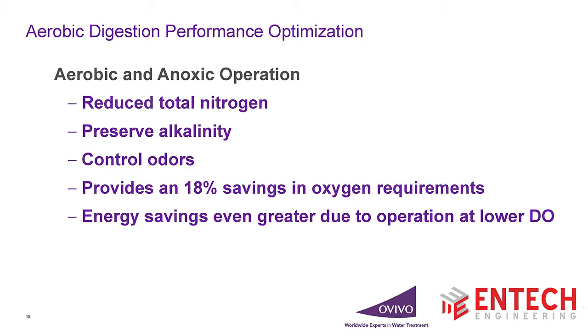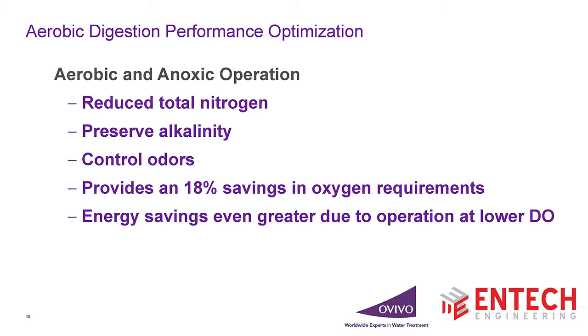Preserves the alkalinity, so digestion continues more completely. Controls odors. It's okay to turn it off because you've got an oxygen source in the nitrate. So it's not that it's going to go septic. As long as you have a little bit of nitrate left, it's not going to go septic.